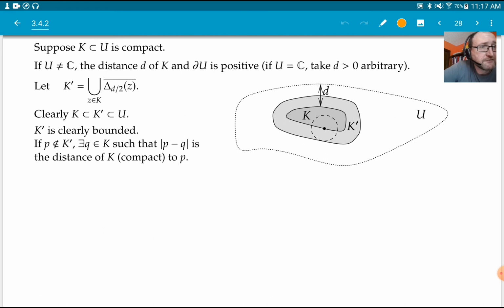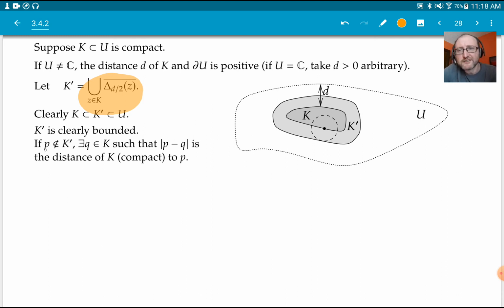Let's show that it's closed, which is not quite immediately clear. It's an infinite union of closed sets, and it's not immediately clear that that's necessarily going to be closed, but in this case it is.